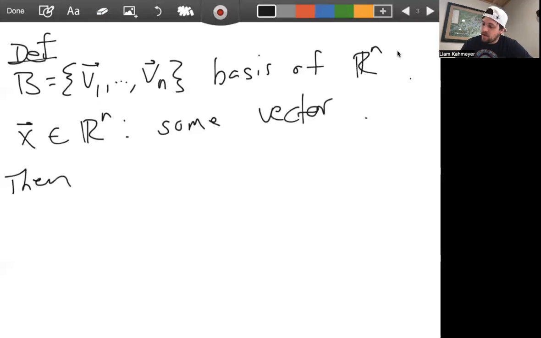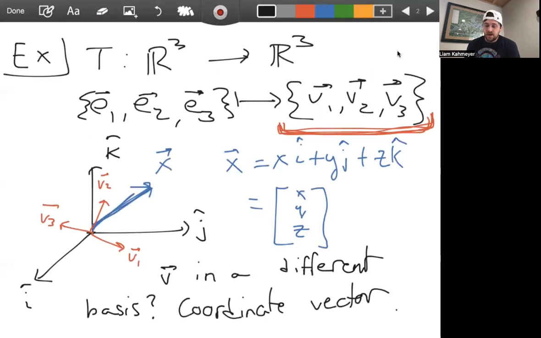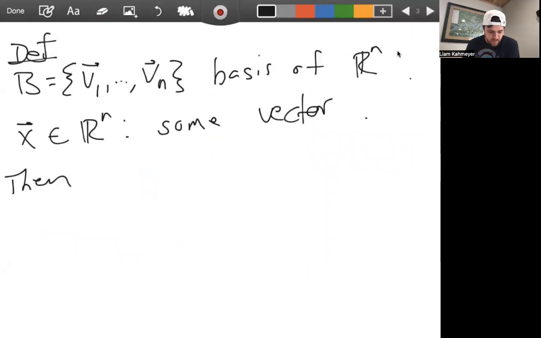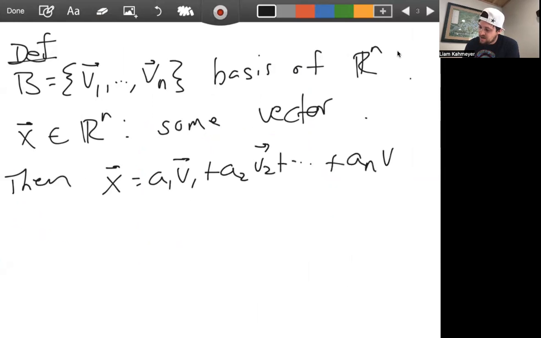Then if V1 through Vn is a basis, that means we can write X uniquely as a linear combination of those basis elements. We can write X equals A1 V1 plus A2 V2 plus, et cetera, plus An Vn. And then let's define the coordinate vector.